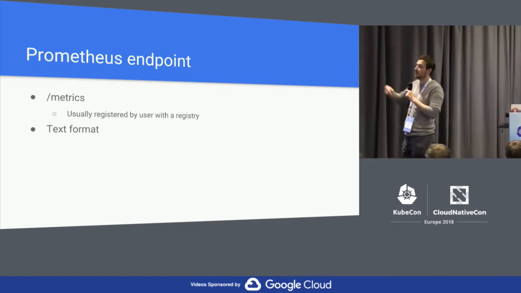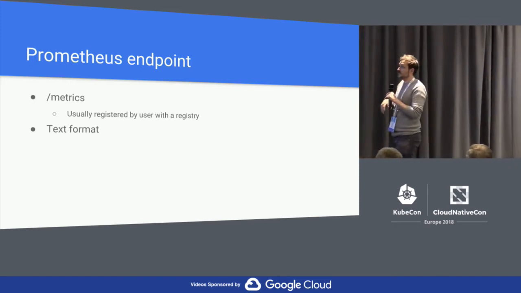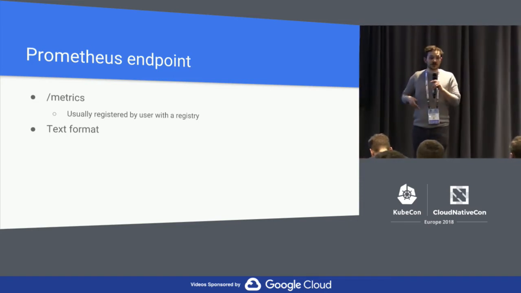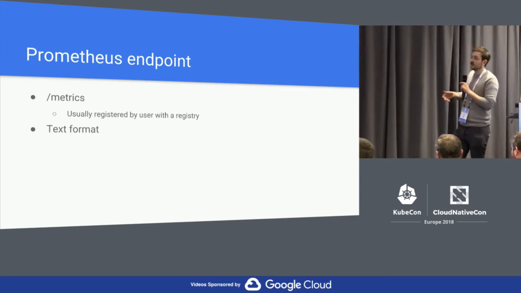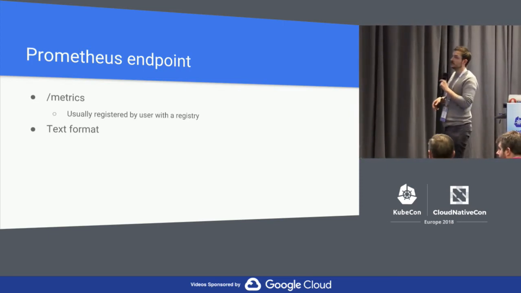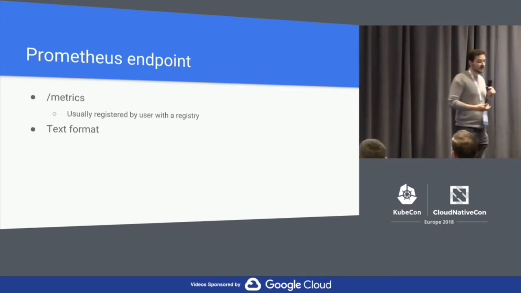All of these components also use the Prometheus standard, which is exposing the metrics on the /metrics endpoint. It's just an HTTP server that every Kubernetes component has anyway, and it exposes that in the text format I just showed.